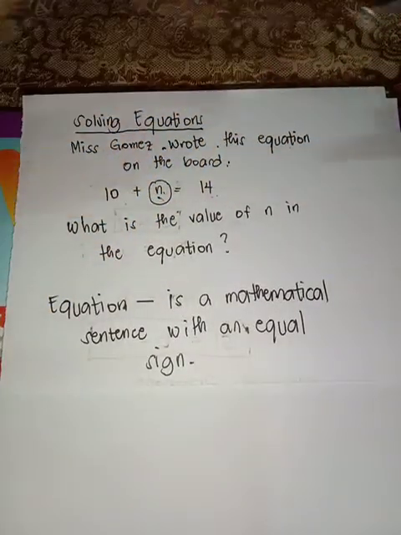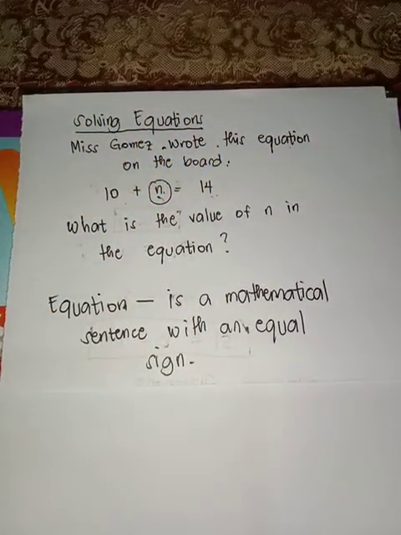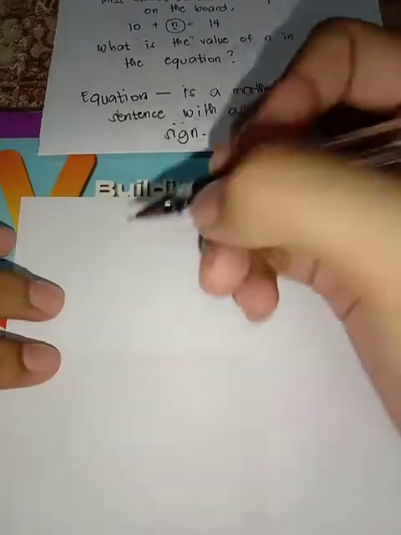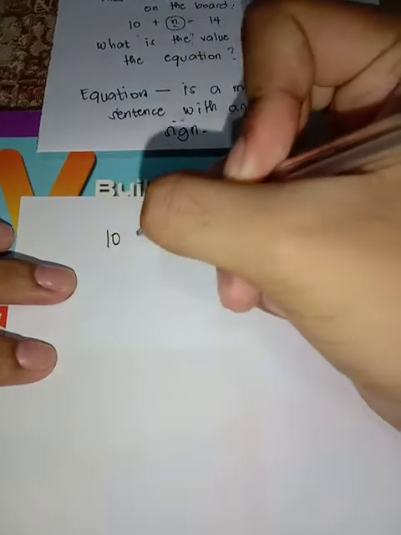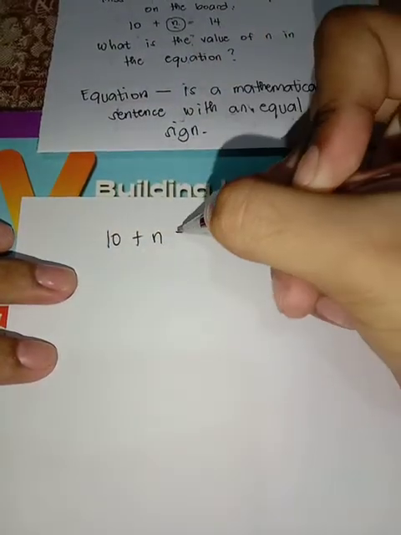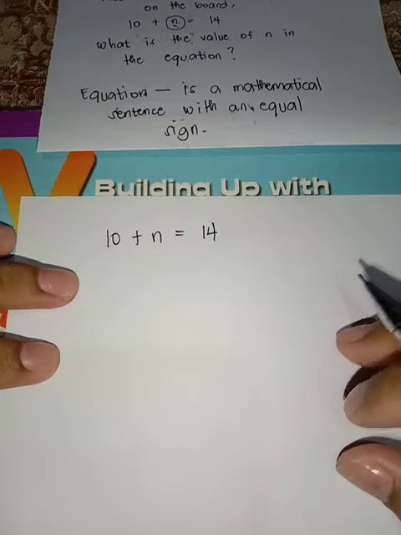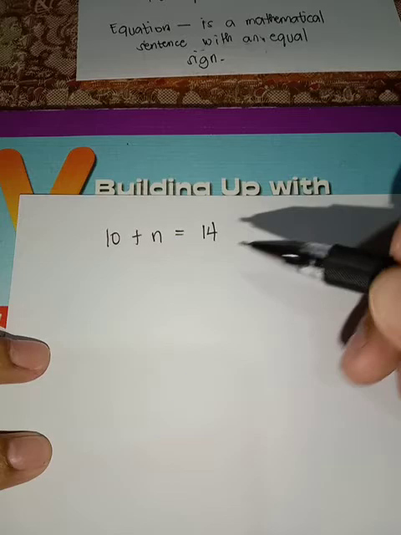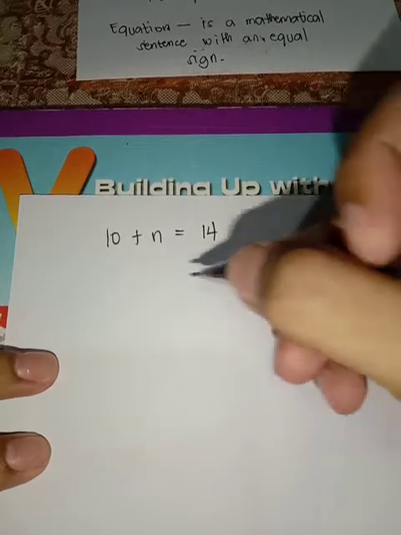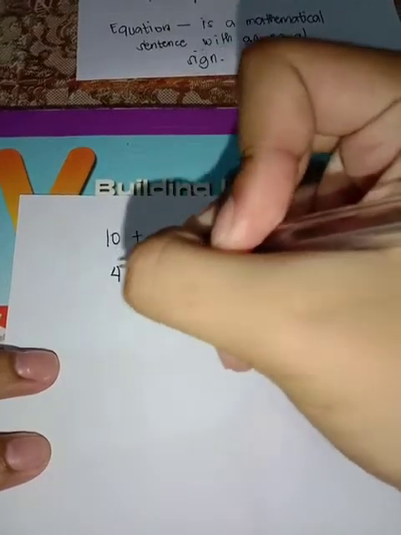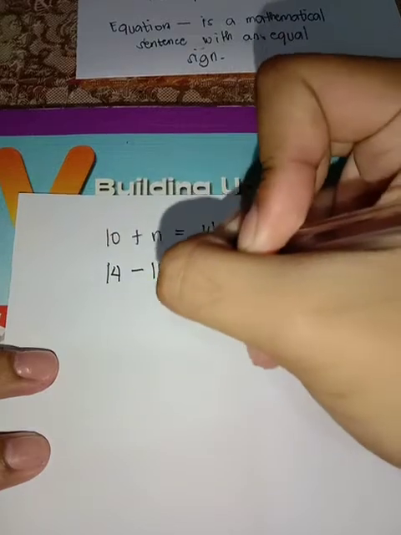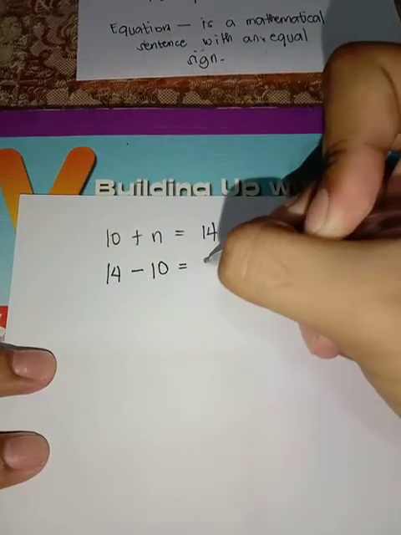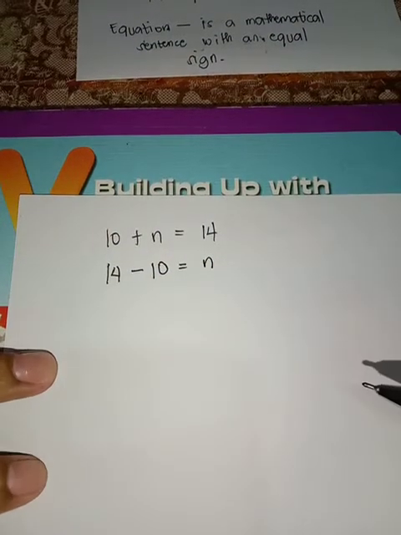Our problem here is 10 plus n is equals to 14. So we will use the inverse operation, which is subtraction. Therefore, 14 minus 10 is equals to n.